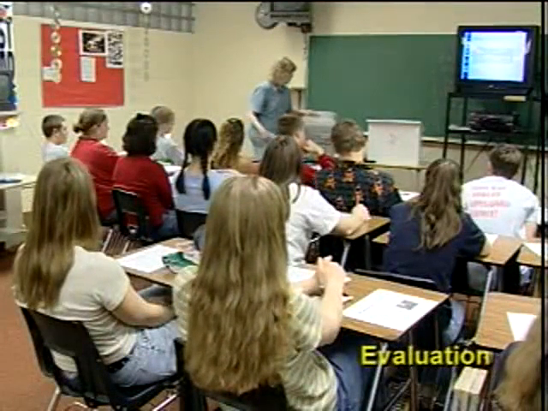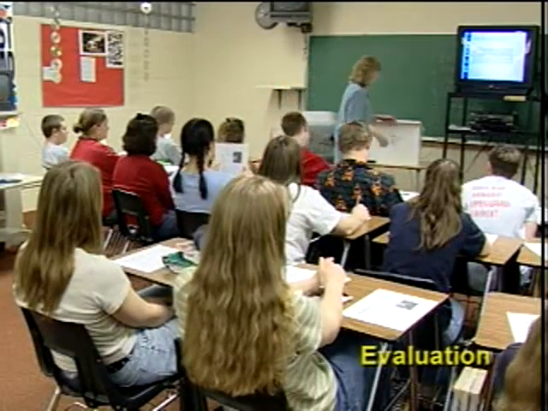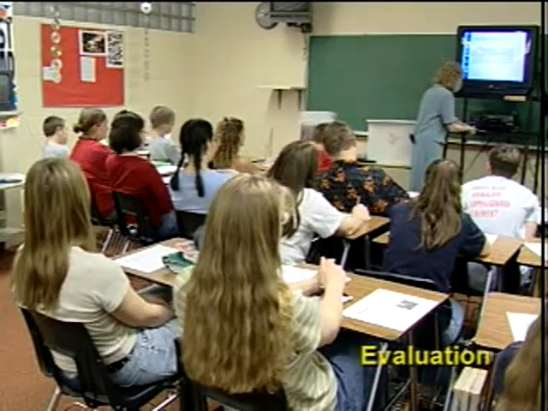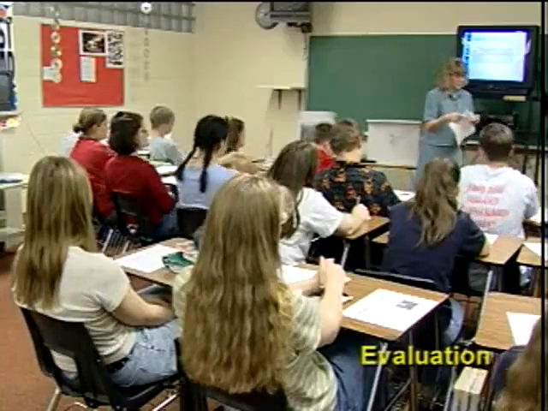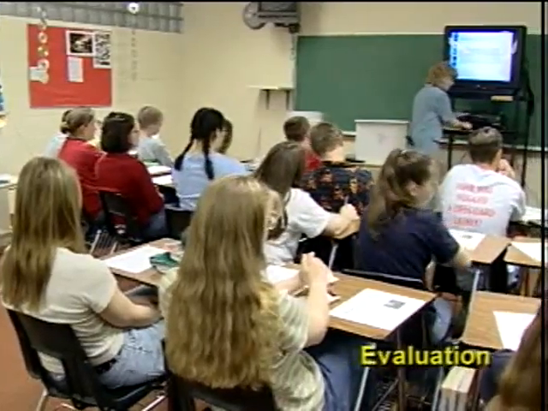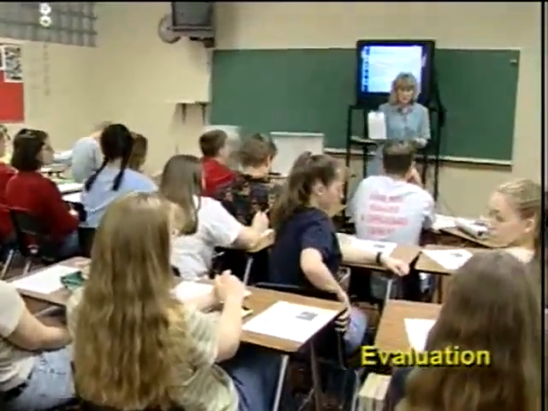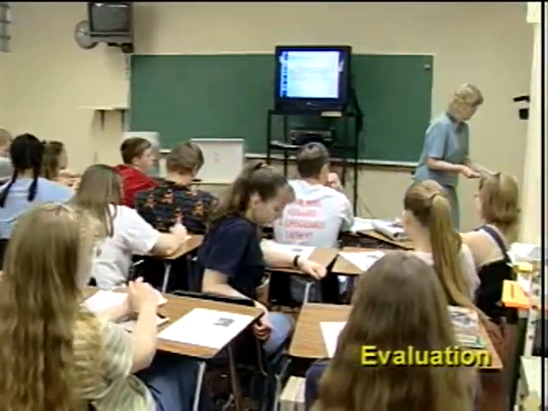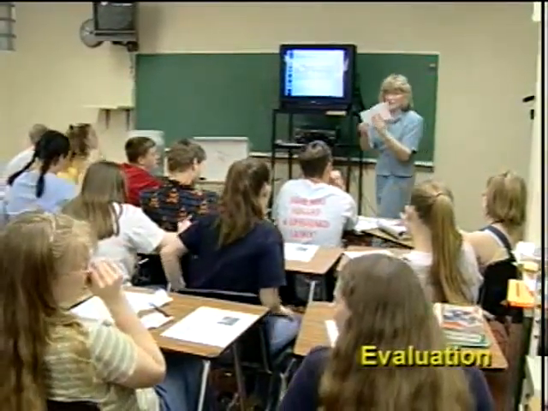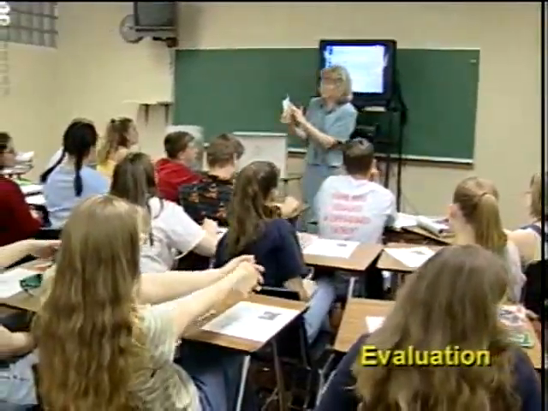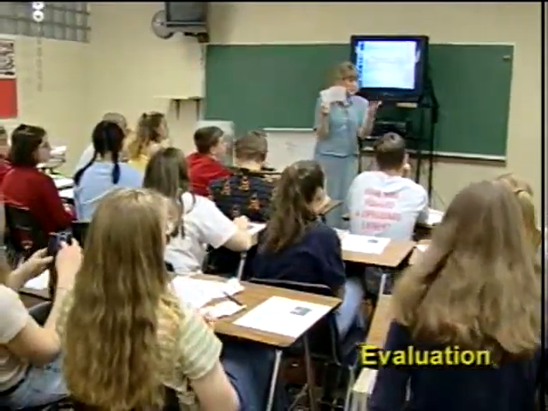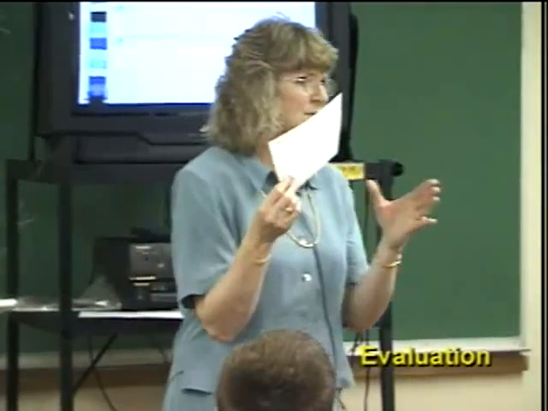What I'd like you to do now, since you've been thinking about evaluating information, is get in your groups, the people you've been working on your project with. There's a simple little sheet here. Take one and pass it on. We'll want the names of the people in the group, the title of your project, your topic, and then list 2 sources of information.